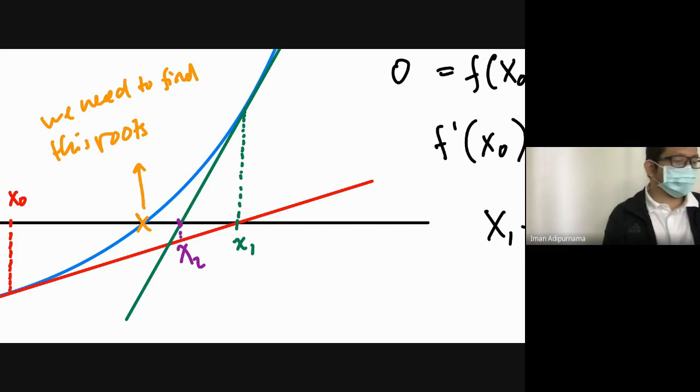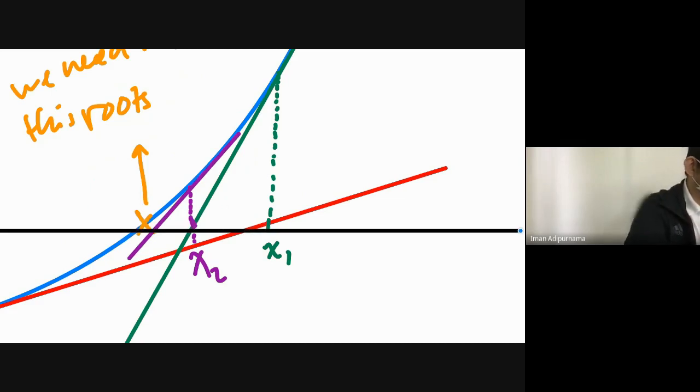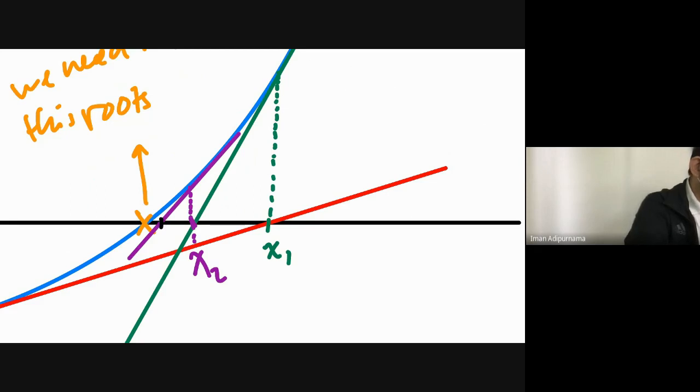And if we are going to use this x2, it's really, really getting closer. So we have x3, let's say. If we keep doing repetitions again and again, our answer will be getting closer to what we are going to find.